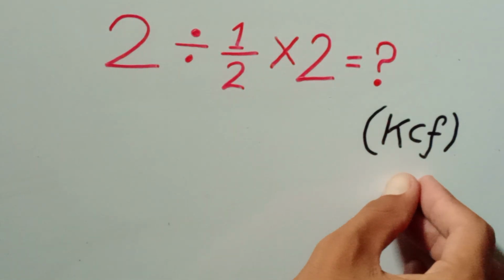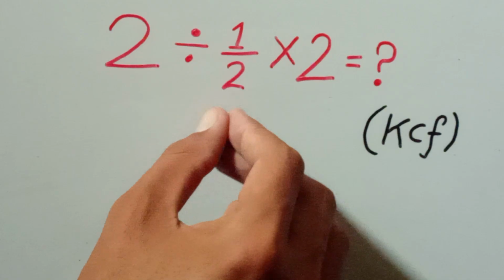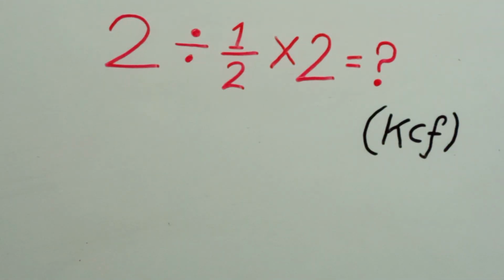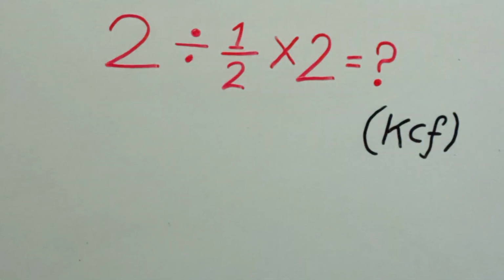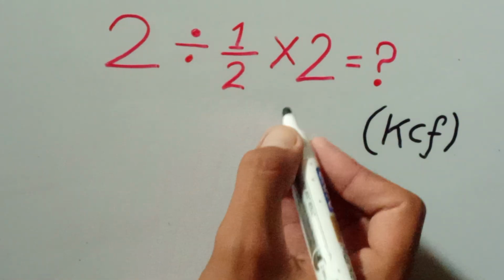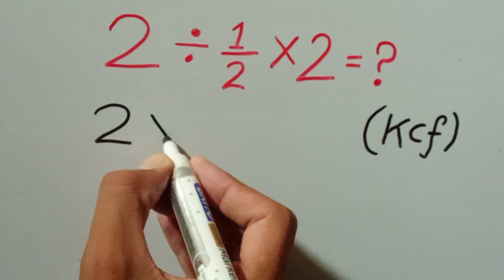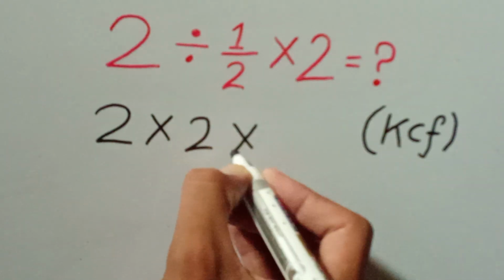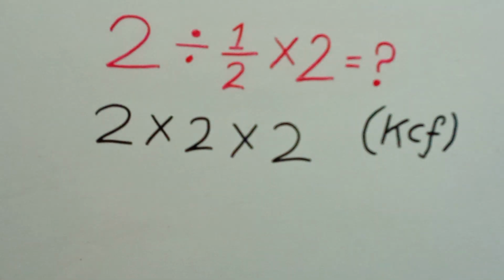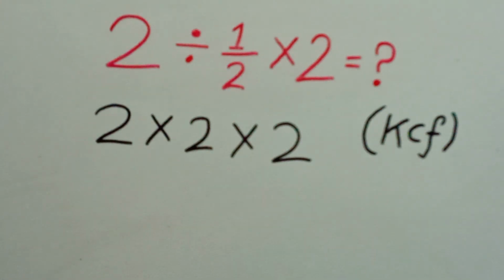The KCF rule states that when you change division to multiplication, then the numerator is changed to the denominator and the denominator changed to the numerator. So we can write it as 2 multiply by 2 times 2. Here I can change division to multiplication.